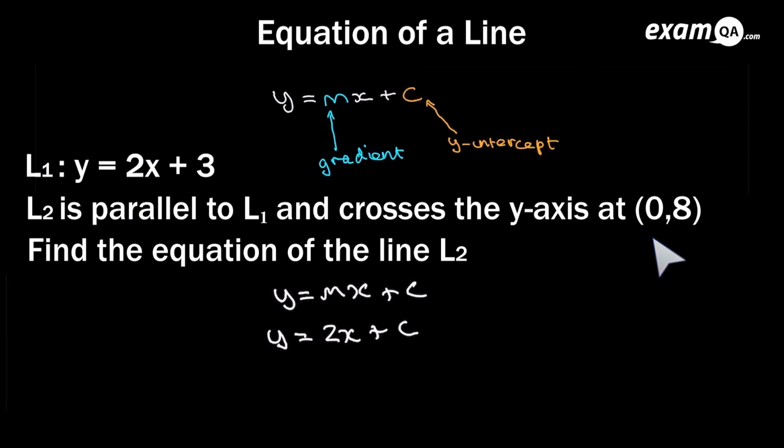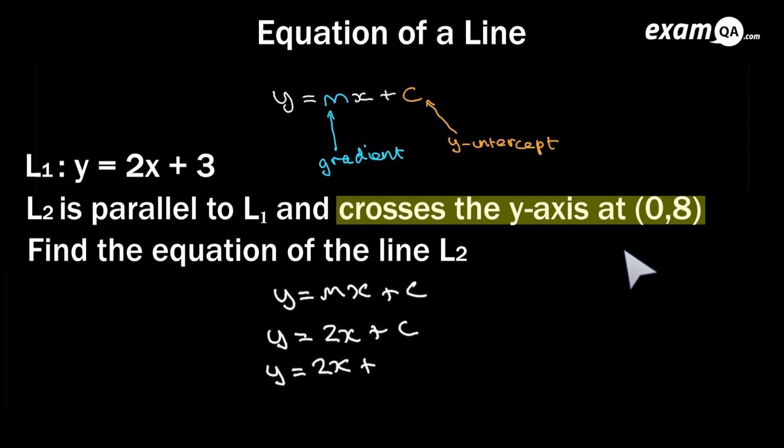It's on the y-axis. Since (0, 8) is already on the y-axis and our line passes through it, the y-intercept for our line must be 8. So that means the c value is 8, and we can finish that off by writing y equals 2x plus 8.